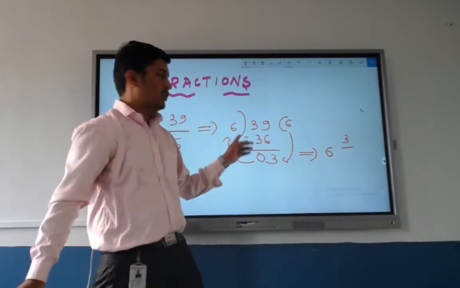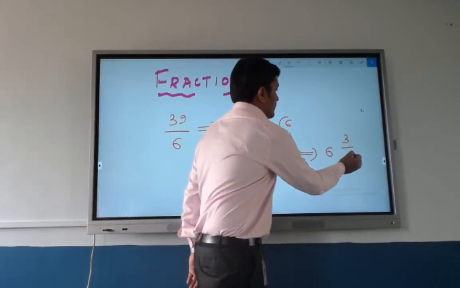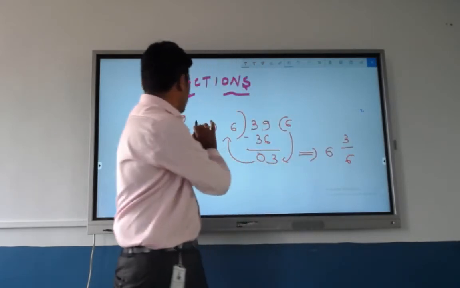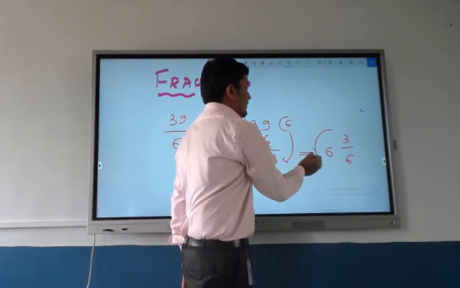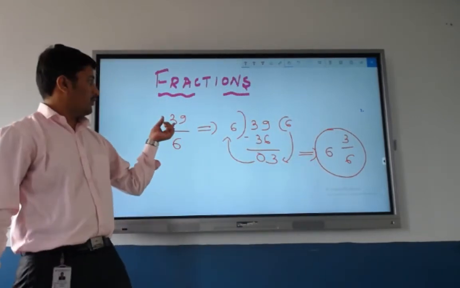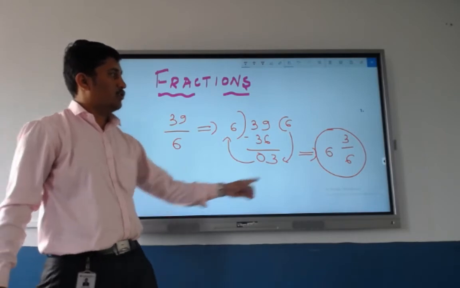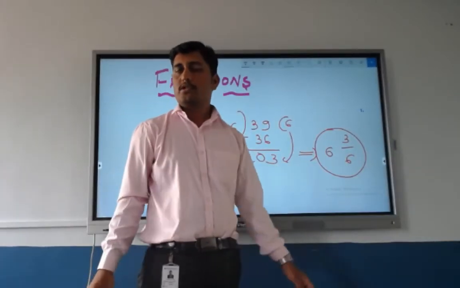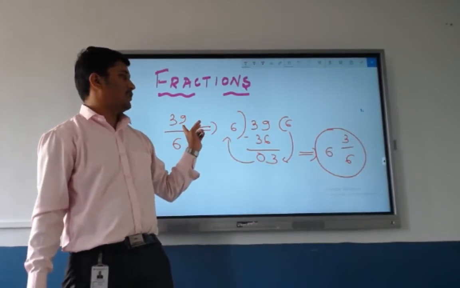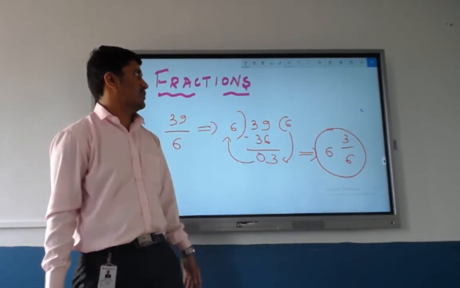Then you write 6 again. Check: 6 sixes are 36, 36 plus 3, 39 by 6. So this is the mixed fraction. Here we converted an improper fraction to a mixed fraction. This is the method of converting improper fraction to mixed fraction.